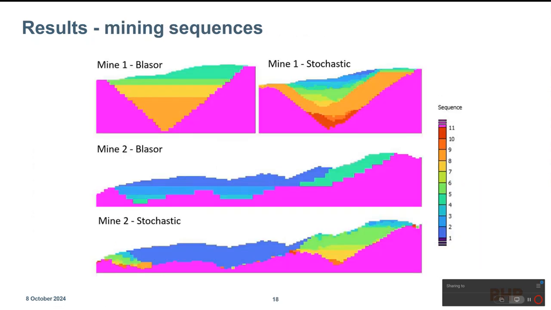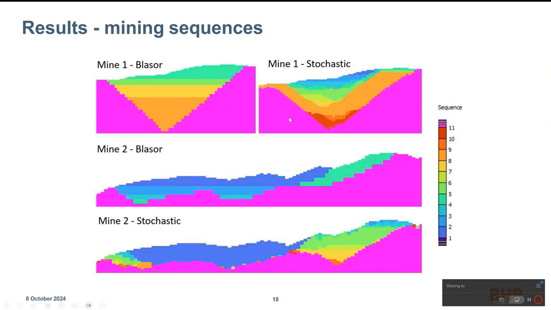Here's some examples of the mining sequence generated by the 2 different methods. So you can see the Blazer sequence has a lot of constraints around mining horizontal panels, whereas the stochastic mining sequence mines more vertically throughout the deposit.